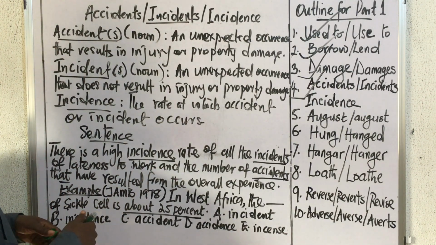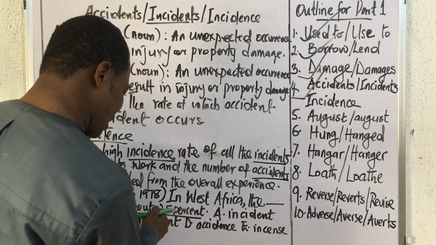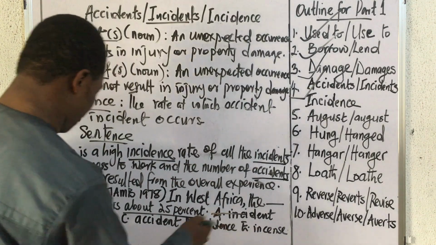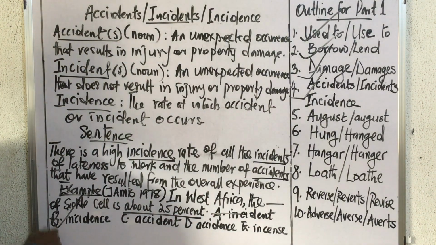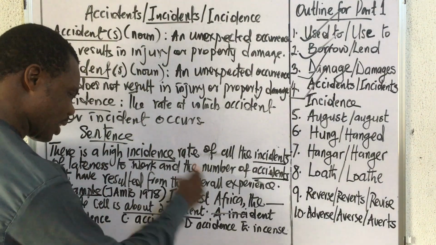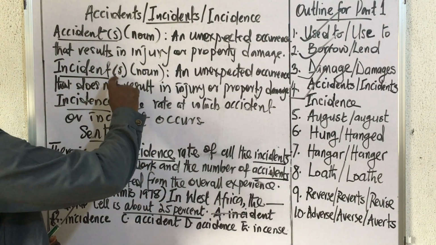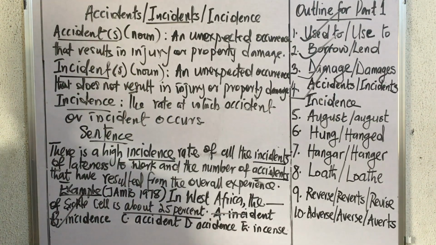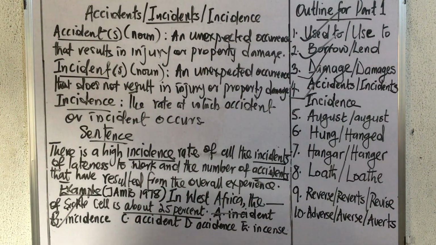Taking place or is happening. So I'm going to say the incidence is 25%. Incident doesn't measure rate. What about incidence? Correct. So this is the only word that measures what? The rate at which incident or accident occurs, going by our explanation. So that is that on the fourth set of the words.